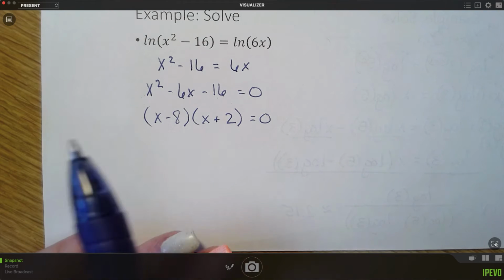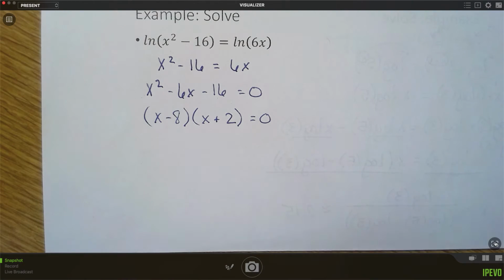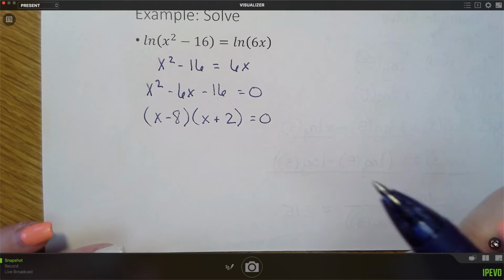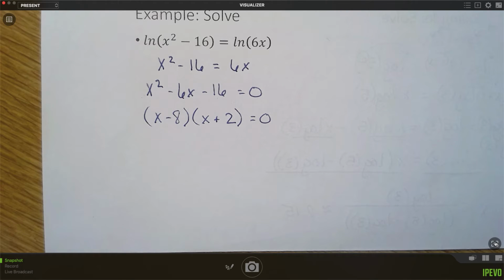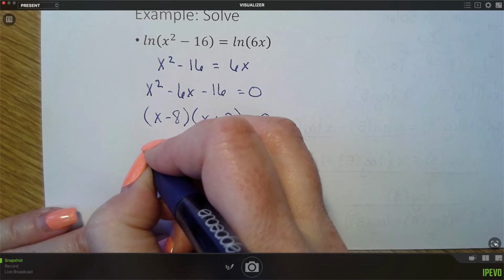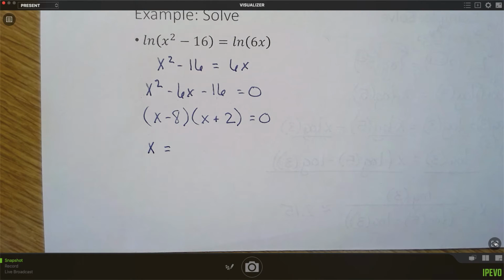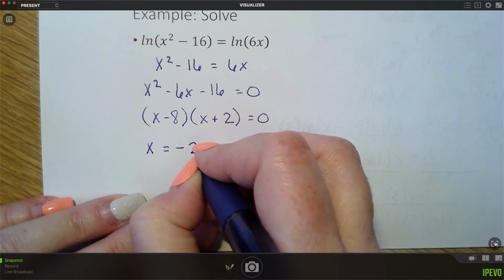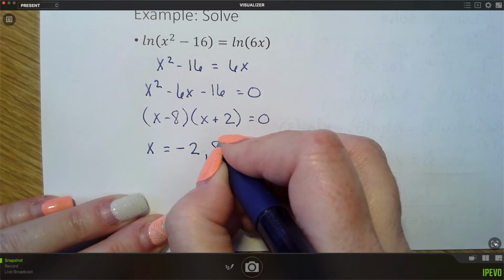And it's a 1, so I don't have to do the whole other process, right? So x equals 8 and negative 2.